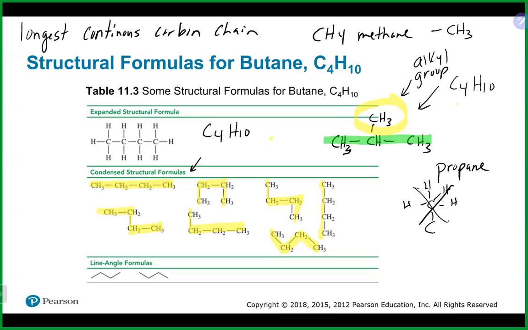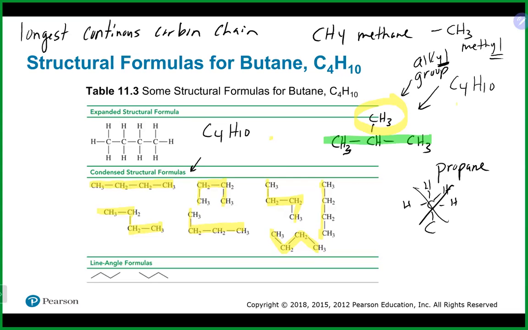But guess what? It is still named after methane. But this is an alkyl group, which means instead of methane, this is known as a methyl group. It has 1 hydrogen less, which allows it to attach to the main chain without giving it too many bonds.